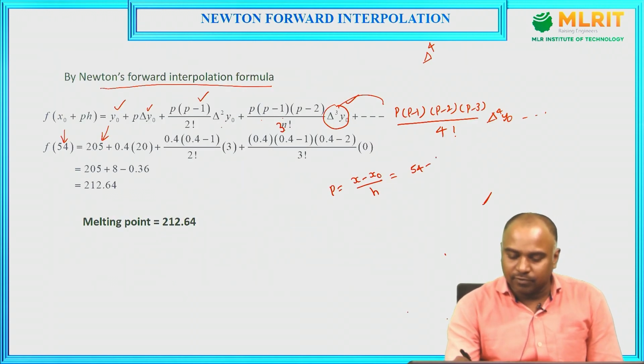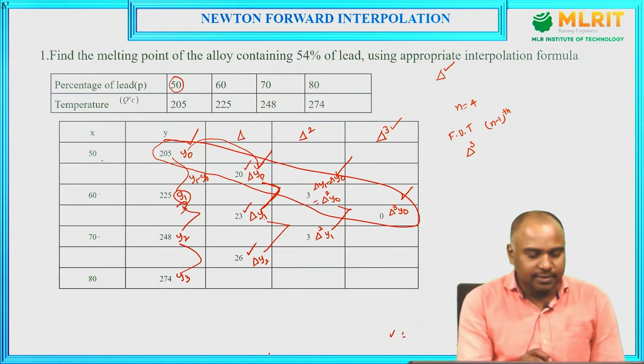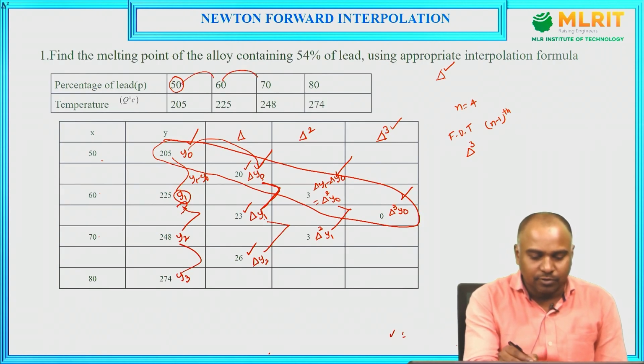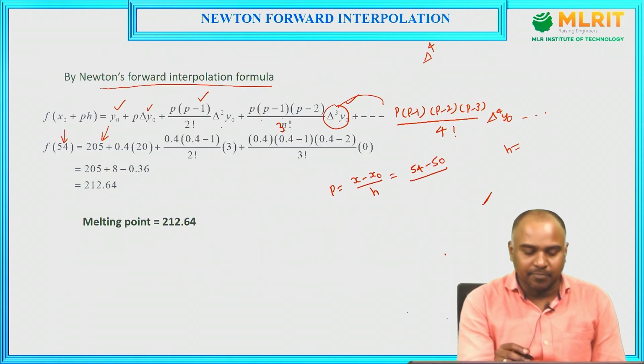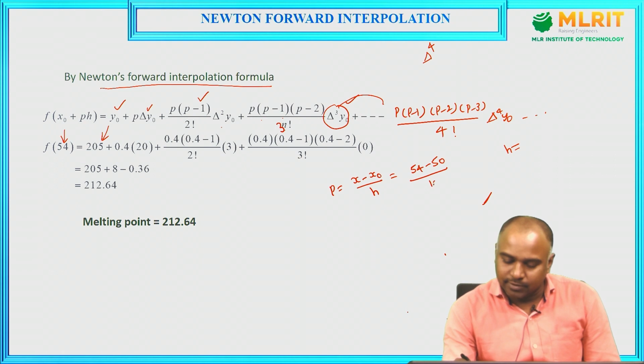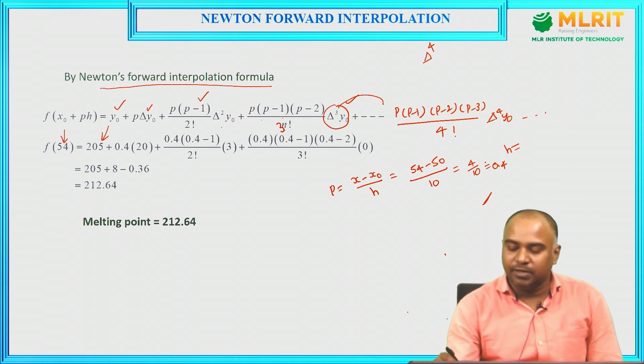So, 54 minus 50 divided by h. h is based on the provided data, the difference between two successive x values, so 60 minus 50 is 10. So 4 by 10 is 0.4, which is the p value.